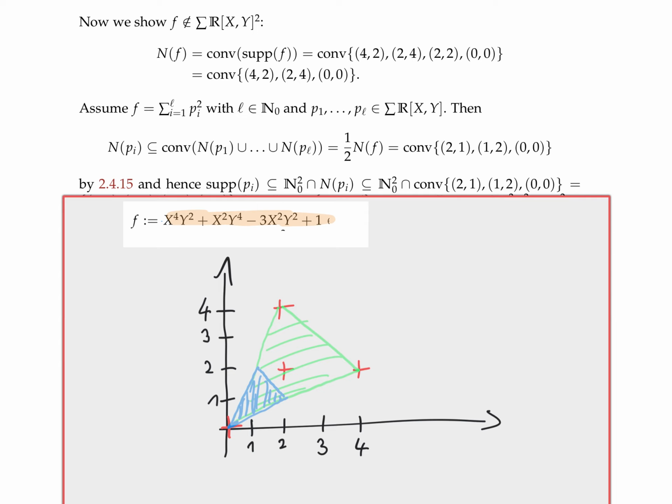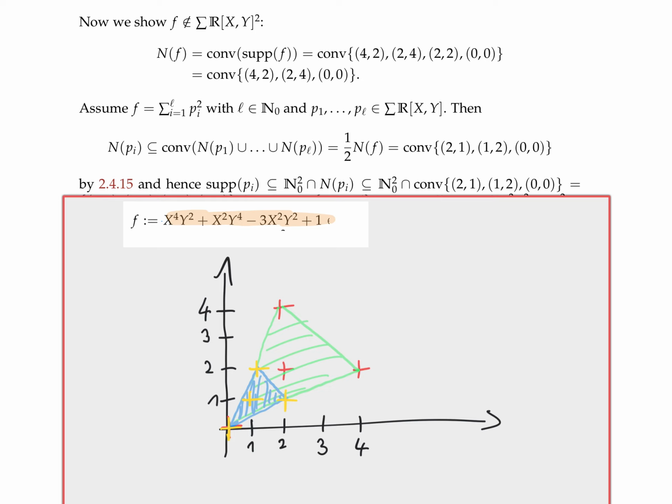So what points can be in the support of p_i? It's only this one. And let me draw it in yellow. It could be this one. It could be this one. It could be this one and this one. There is nothing else, right?